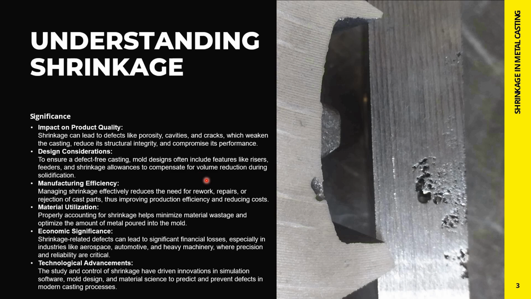Manufacturing efficiency: managing shrinkage effectively reduces the need for rework, repairs, or rejection of cast parts, thus improving production efficiency and reducing costs. Material utilization: properly accounting for shrinkage helps minimize material wastage and optimize the amount of metal poured into the mold.